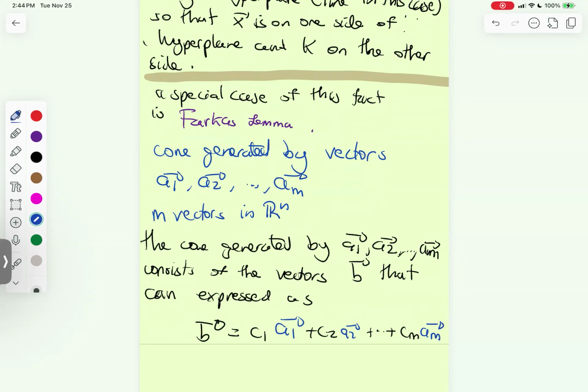These are the vectors that can be written as a linear combination of these vectors, with the condition that each of the coefficients you use in the linear combination is non-negative. So each of these coefficients has to be non-negative.